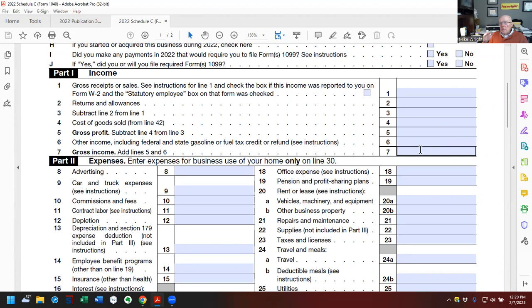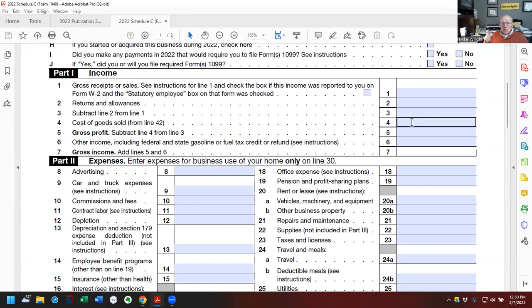And what we're left with is what's called gross profit, which is income minus cost of goods sold, plus other income, which would be such things as interest from funds on deposit, maybe gasoline or fuel tax credits or refunds from state tax returns. There's a variety of things that would go in there as other income. And then finally, we're left with gross income. Gross income for the business is the amount that is the starting point. It's the top line.